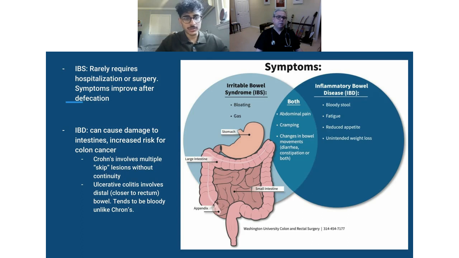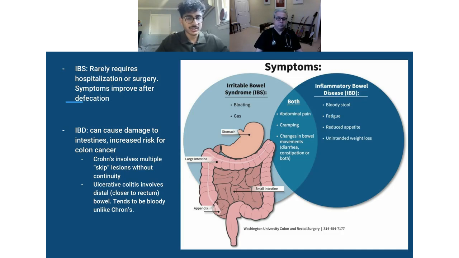So these two, because of the similar name, it might be easy to confuse them. Irritable bowel syndrome and inflammatory bowel disease. So irritable bowel syndrome is abbreviated as IBS, and inflammatory bowel disease is abbreviated as IBD. So IBS rarely requires hospitalization or surgery, and symptoms usually improve after your child might have a bowel movement and might feel a little bit more comfortable after that.